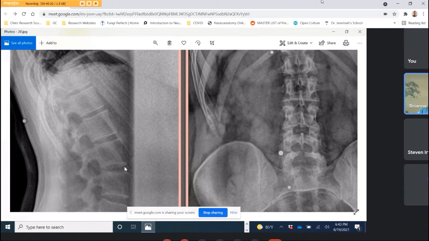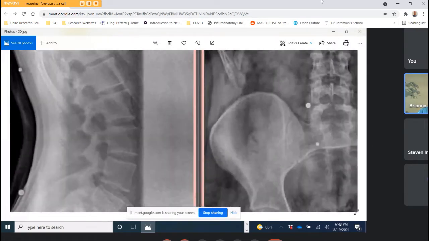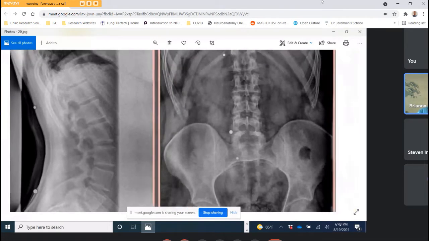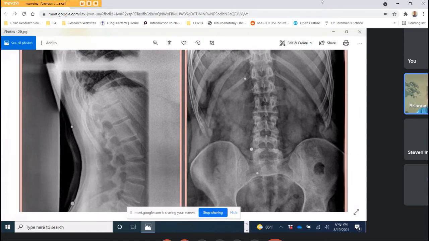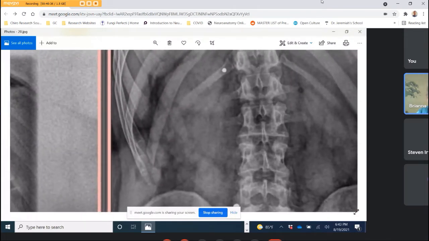See how the disc is open in the front, closed in the back? And that one, can you get a listing off of L2? That looks like what?